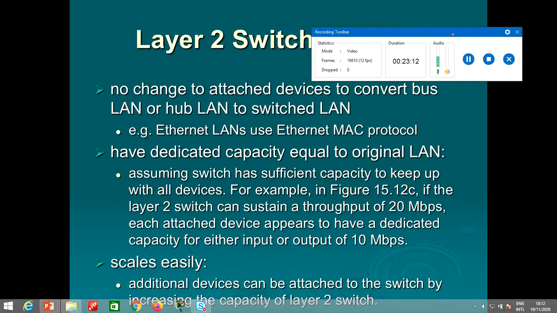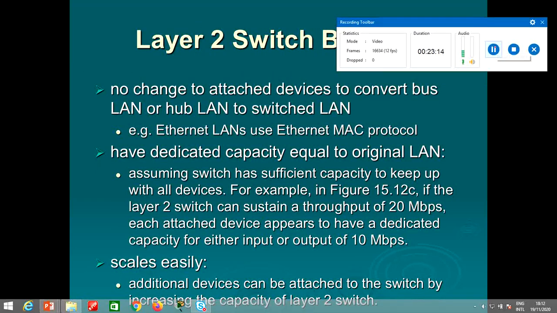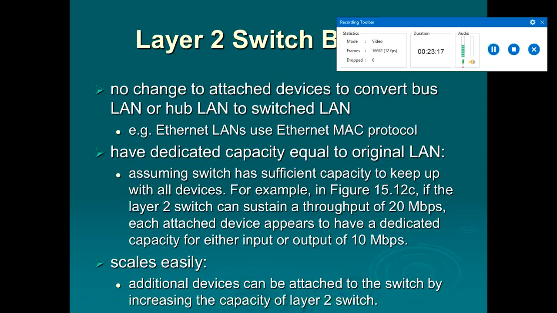So let's talk about the layer 2 switch benefits. The first benefit is no change is required to the software or the hardware of the attached devices to convert a bus LAN or hub LAN to a switch LAN. In the case of the Ethernet LAN, each attached device continues to use the Ethernet medium.